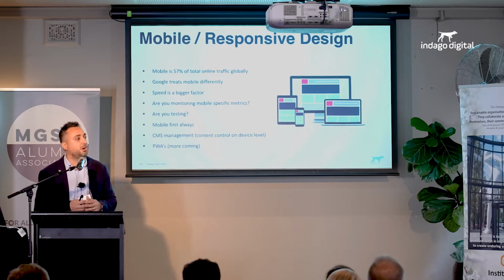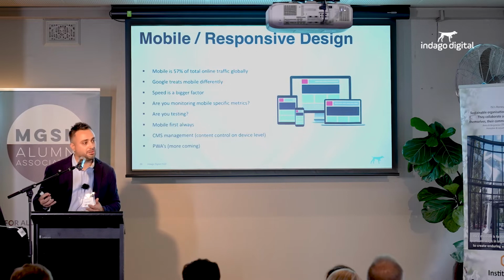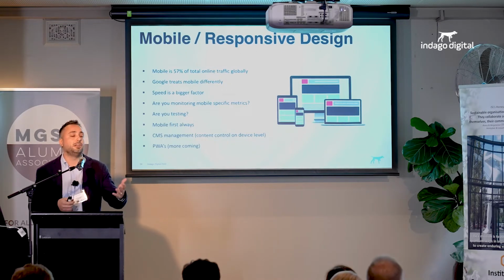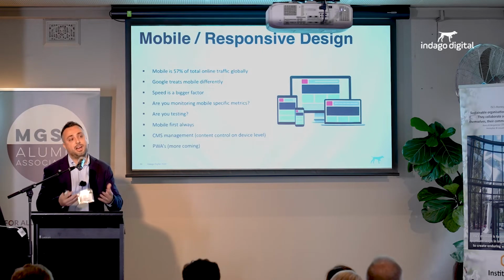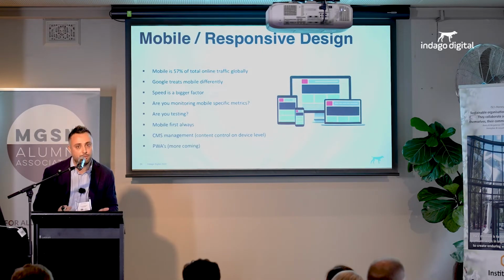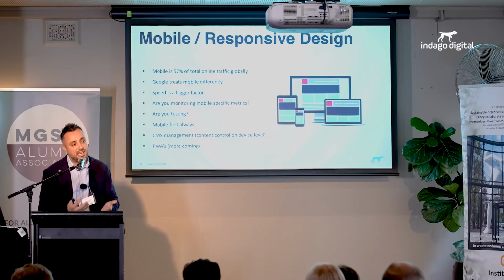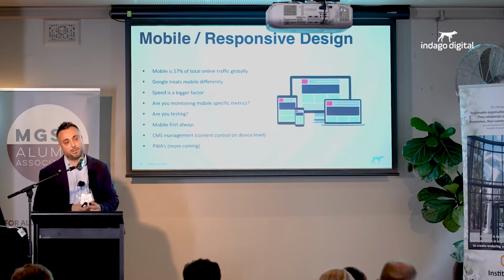Do you have options to hide content on mobile or desktop, because you might think your users would be overloaded? What customizations can you do? Really think about what functionality you can put into your CMS to tailor how you deliver your content on device.